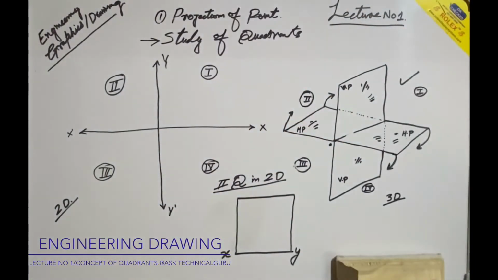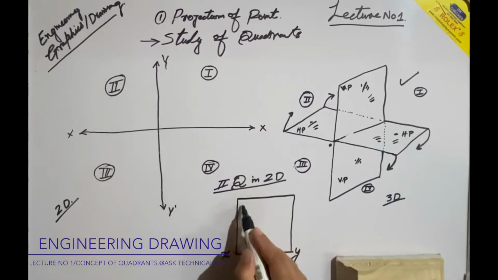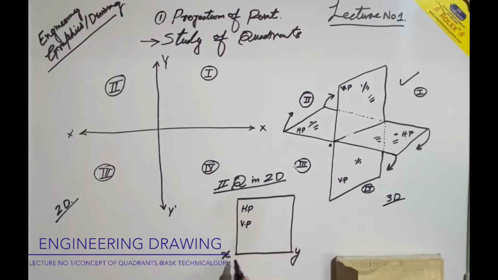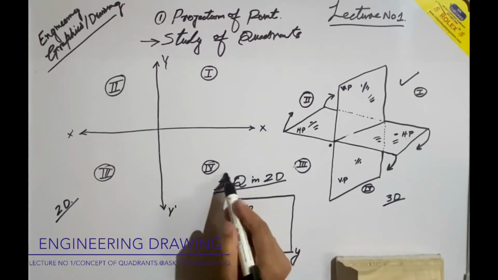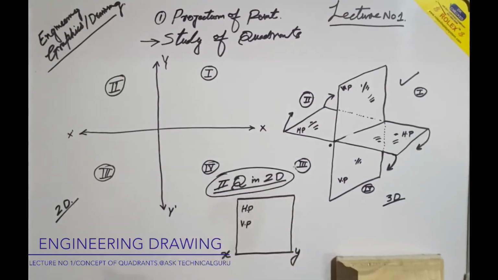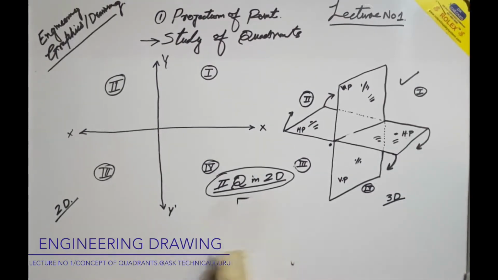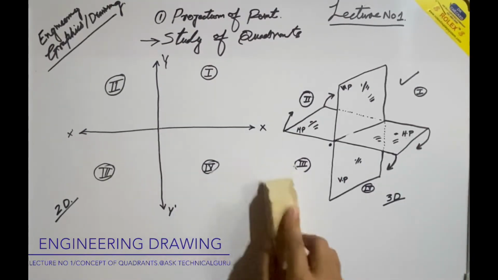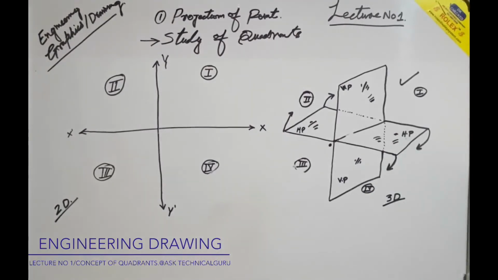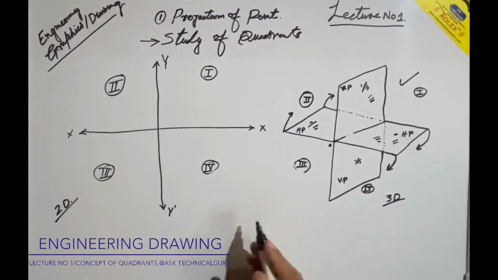So both the horizontal plane as well as the vertical plane will be above the XY line in the second quadrant system. Got it? This is the second quadrant system. Now we will draw the 2D view of the third quadrant system. This is the third quadrant system.